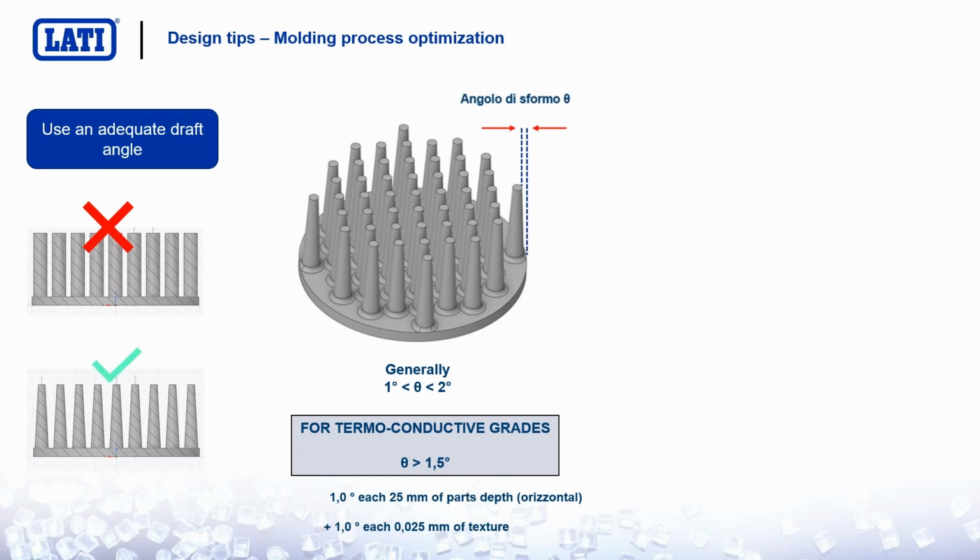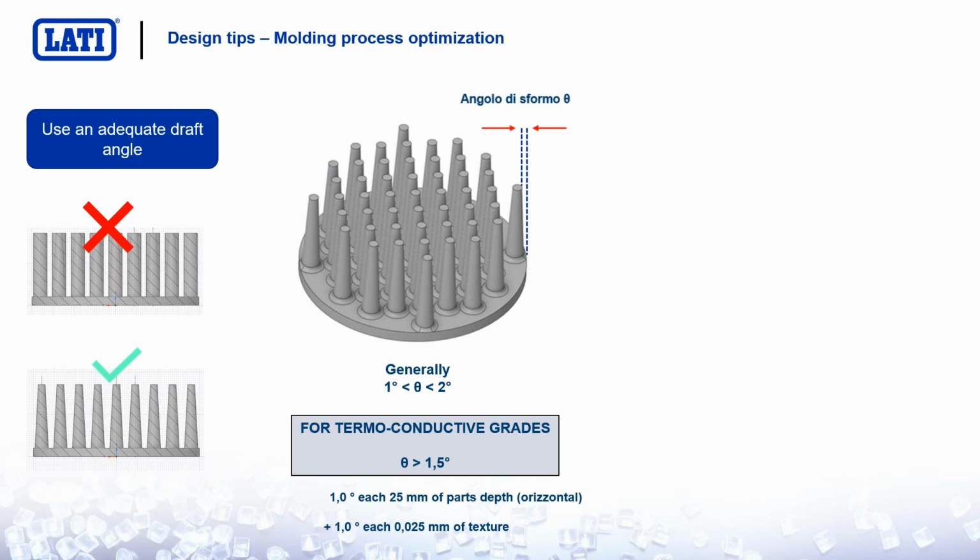Generally, for thermoplastic compounds, depending on the level of reinforcement or amount of filler, adequate draft angles might be between 1 and 2 degrees, but for thermoconductive grades we suggest applying at least 1.5 degrees, adding an extra degree every 25 millimeters, more or less 25-30 millimeters of part depth.